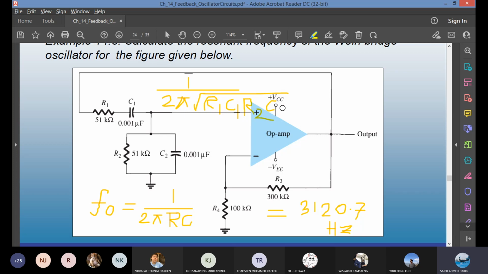You see what is R1? 51 kilo ohm. R2 is 51 kilo ohm. They are equal. So 51 and 51, you have a square, but you also have a square root. That's why you can say R.